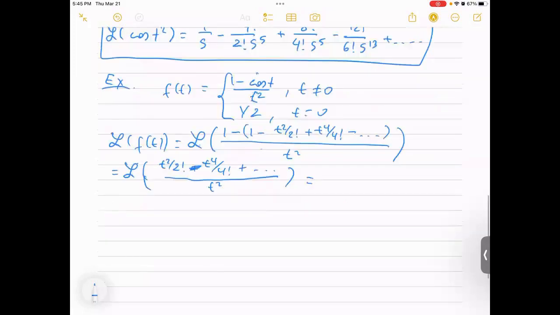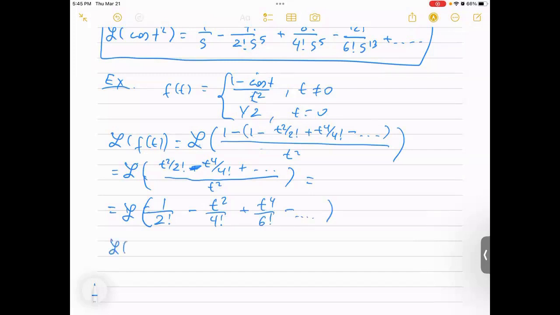Distribute the division by t squared, so we're going to get the Laplace transform of 1 over 2 factorial minus t squared over 4 factorial plus t to the 4 over 6 factorial minus, and so on.